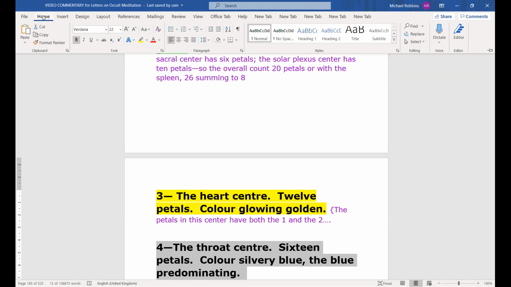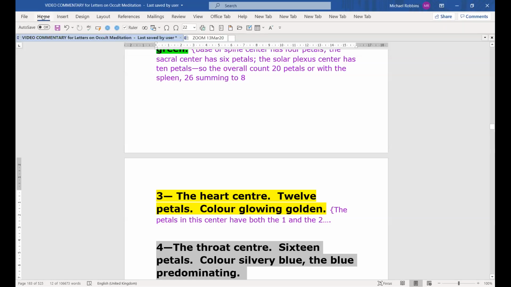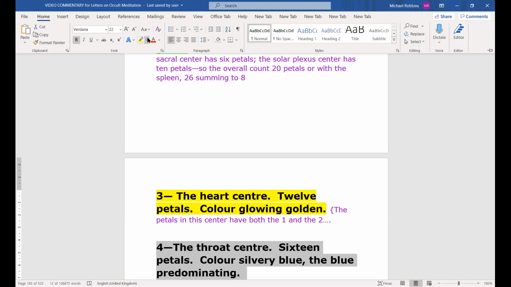Well, I don't have any silvery blue here. I just have, maybe that won't really do. But the idea of green, I think, would, and the third ray would be strongly associated with the throat center.